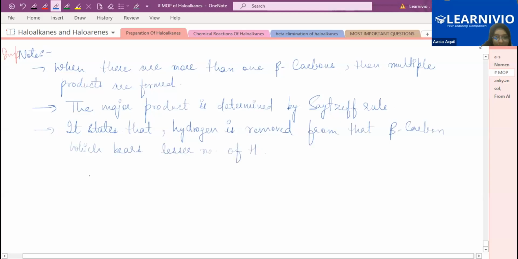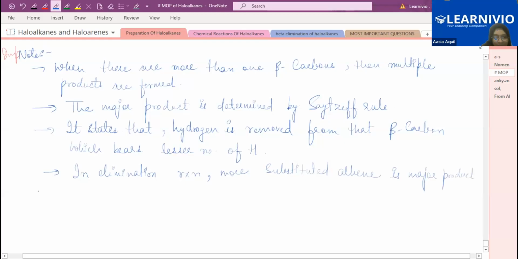That's very important. So in elimination reaction, more substituted alkene is the major product. जहाँ पे substitution ज़्यादा होगा, that is the major product. That is the major product.